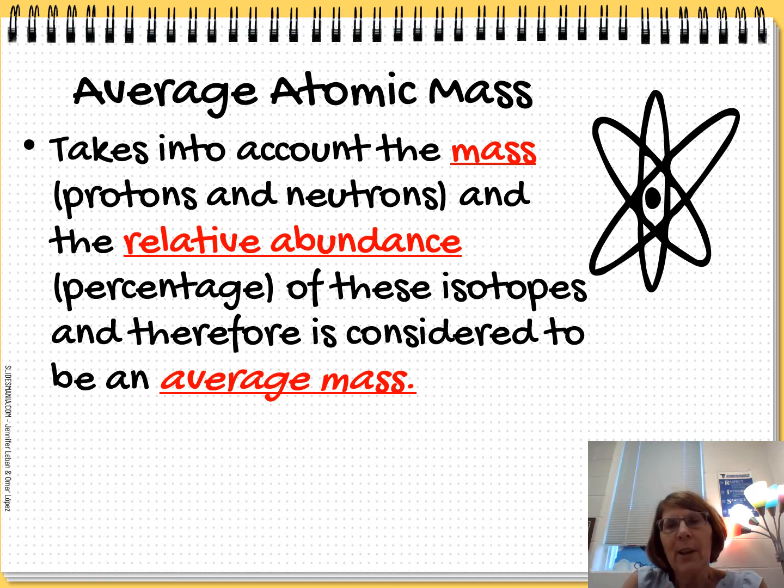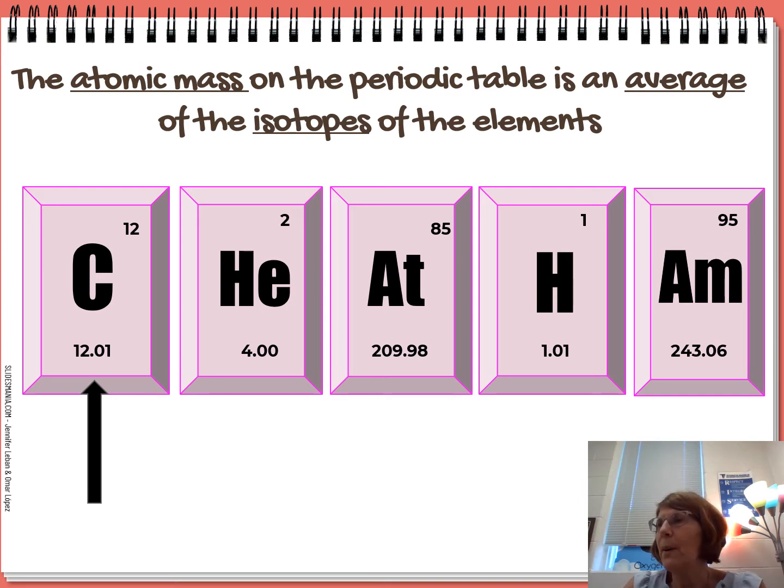So the average atomic mass, on our periodic table, is actually the upper left. So for carbon, on our periodic table, it's 12.0111. It's the upper left. So it's the average of all the isotopes.